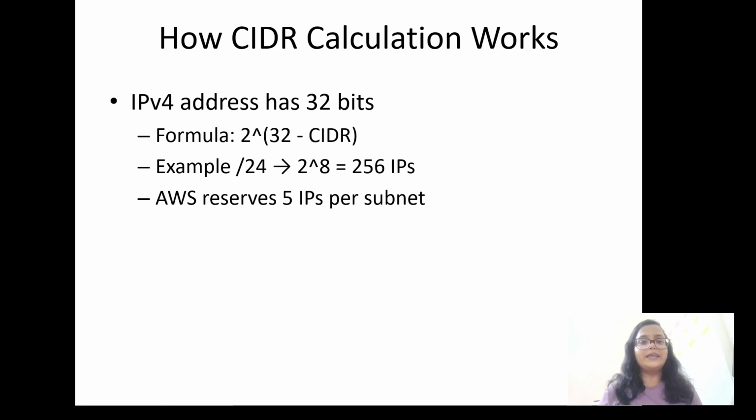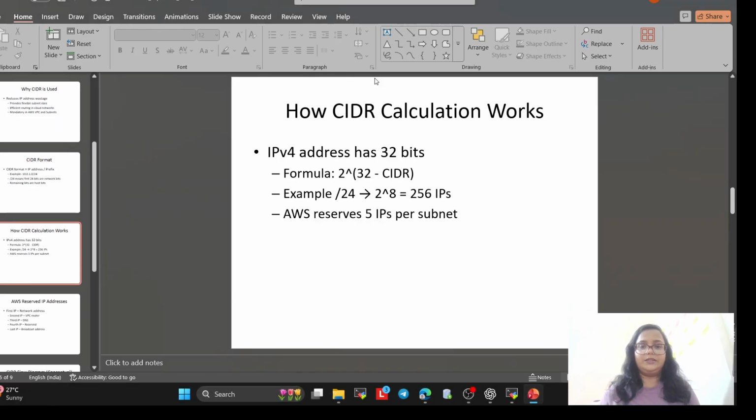How does CIDR calculation work? An IPv4 address has 32 bits. The formula is 2 to the power of (32 minus the CIDR prefix). So if it is 24, it will be 2 to the power 8, which is 256 IPs, and AWS reserves 5 IPs per subnet.